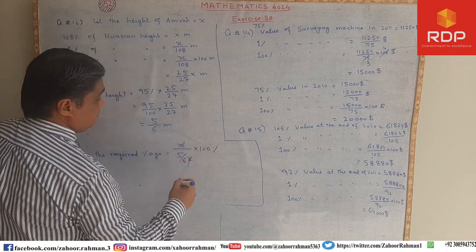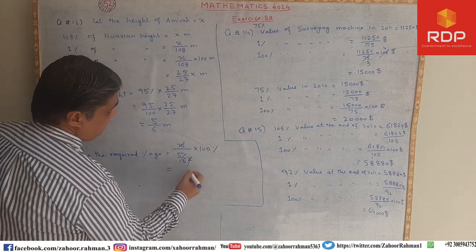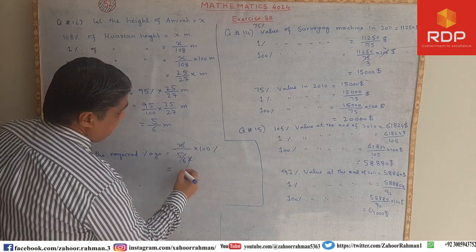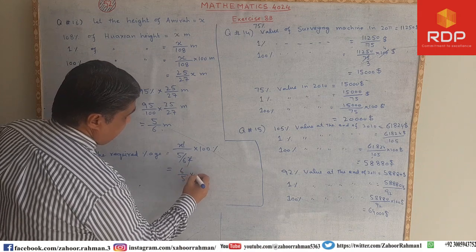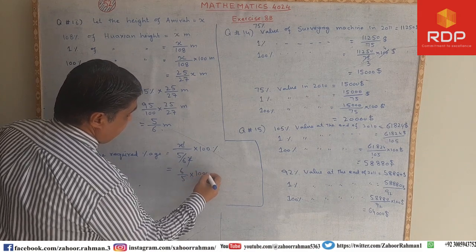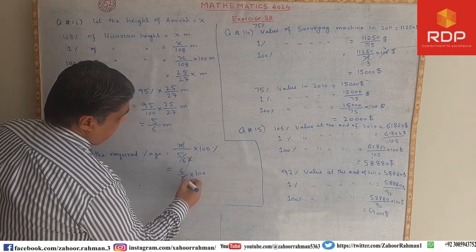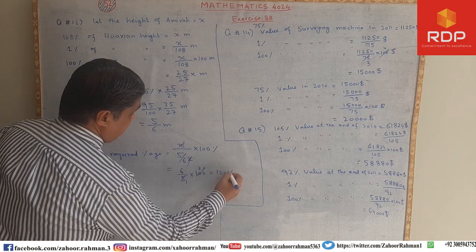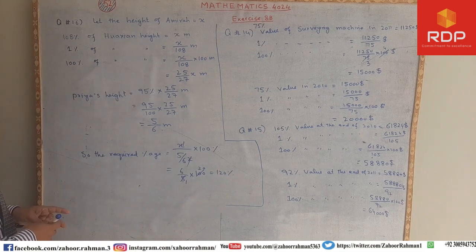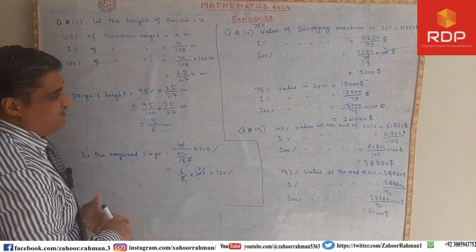So this x will cancel with this one, and 6 divided by 5 multiplied by 100. So 1 and 20. So it means 120% is the required percentage.